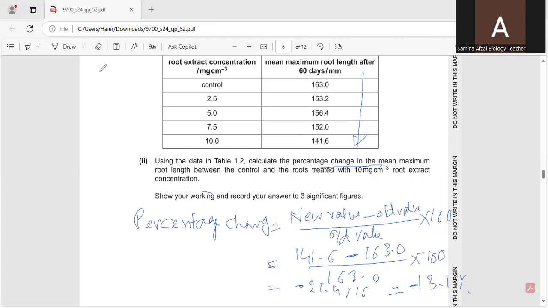For this purpose, I always do it in front of you. So this is a 13.1% decrease, or you can say the percentage change is minus 13.1.